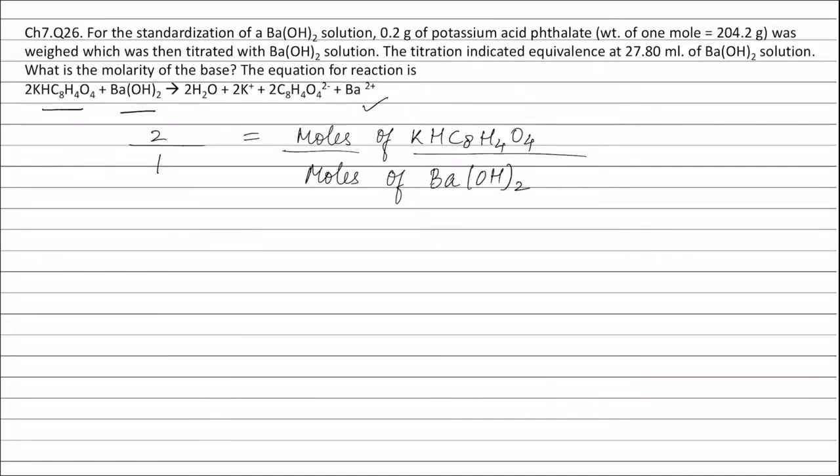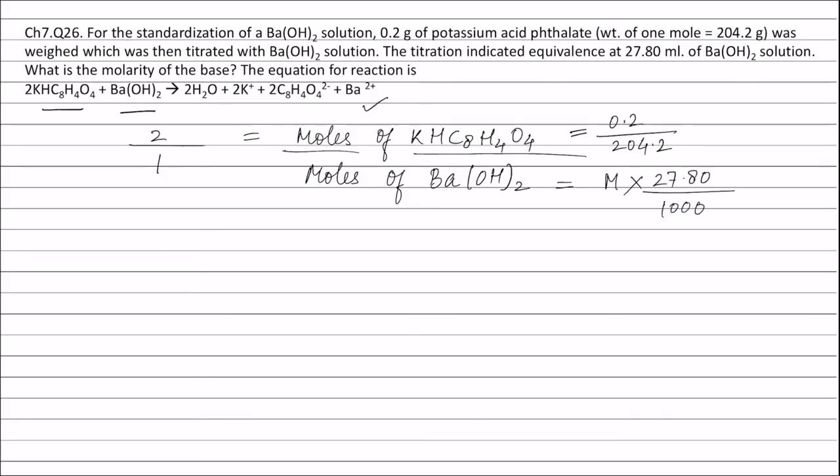Now, moles of potassium acid phthalate is equal to weight of potassium acid phthalate, which is given as 0.2 gram, divided by molecular weight of potassium acid phthalate, which is 204.2 gram. Moles of barium hydroxide is equal to molarity of barium hydroxide solution, let it be M, into volume of barium hydroxide solution in liters, which is equal to 27.80 divided by 1000 liters.